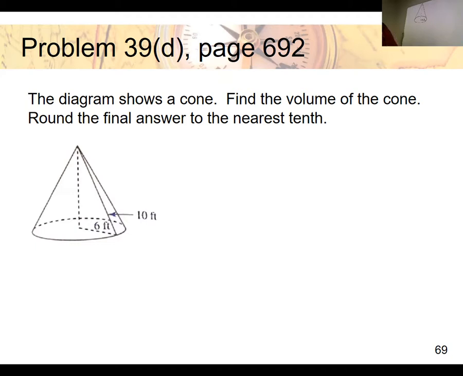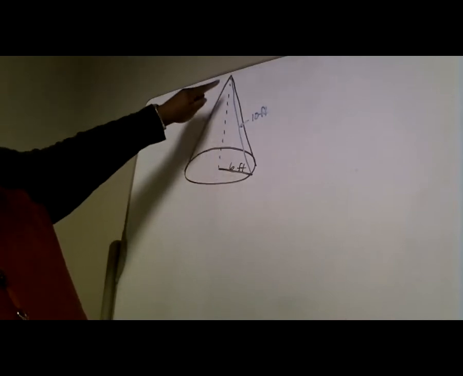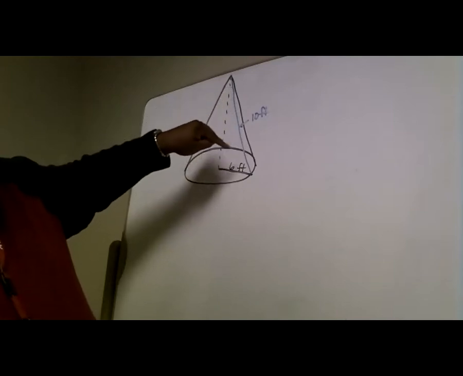Now notice that they give you what they call the slant height, which we're going to talk about in a few minutes. So here, let me unshare this. This blue line that I just drew, that's what we call the slant height.